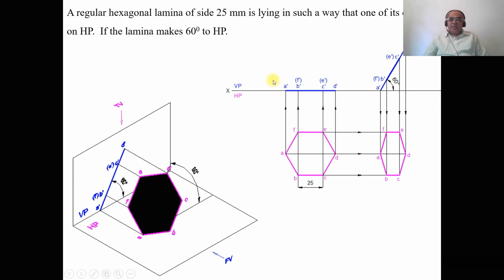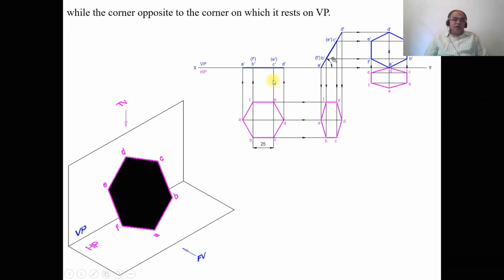The surface makes an angle of 60 degrees with respect to HP, and we write the corresponding top view here. Then in the third position, the corner opposite to the corner resting on HP is to be on VP. The corner opposite to A is D, so A is on HP and D is on the vertical plane.